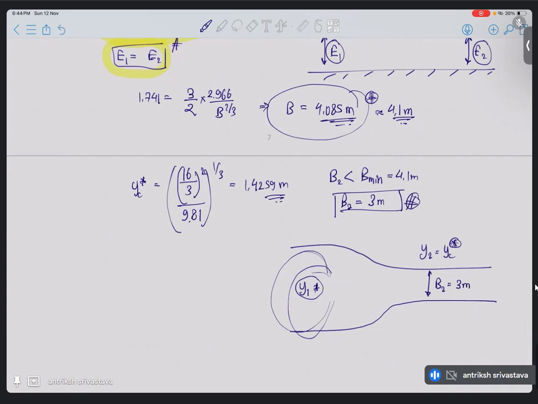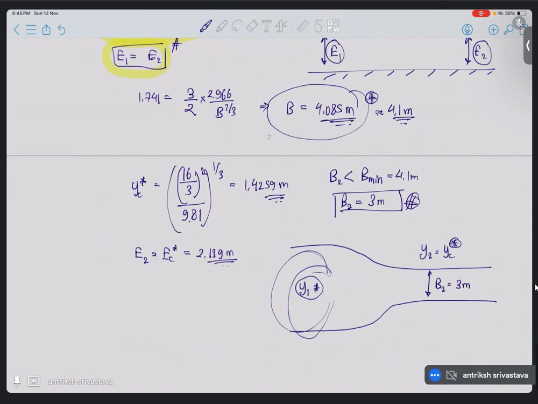I think it is correct. So the value of E2, that is Ec, is 1.5 times yc, that is 2.138 or 2.139 meters.